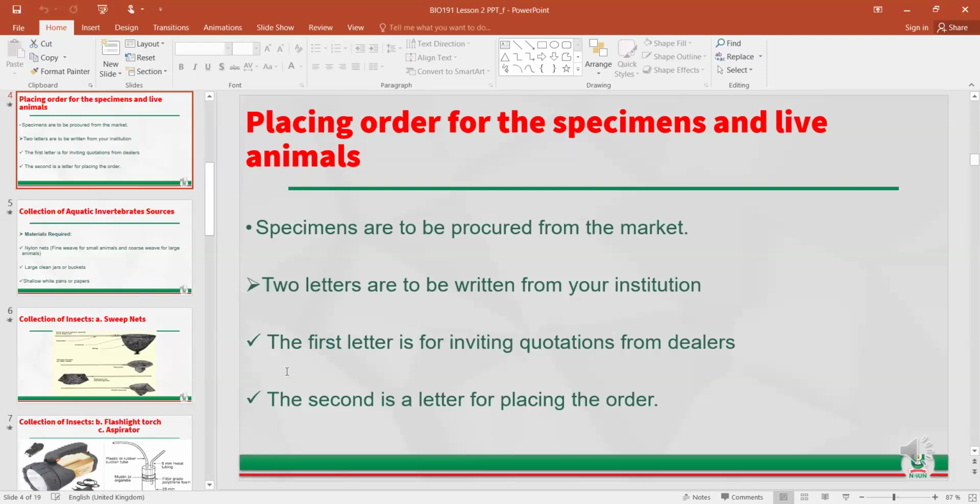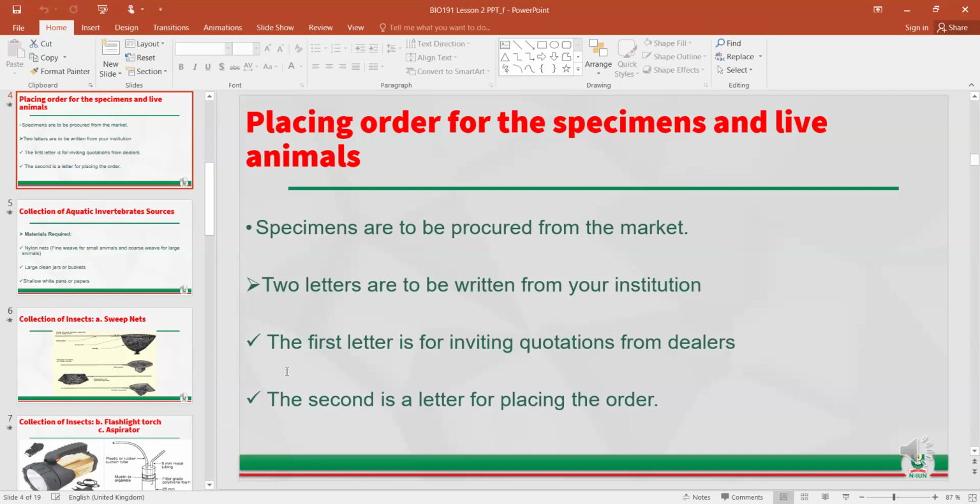Specimens are to be procured from the market. In your institution, we have a procurement directory that takes charge of this. First and foremost, two letters are normally written from your institution. The first is for inviting quotations from dealers, and the second is a letter placing the order.